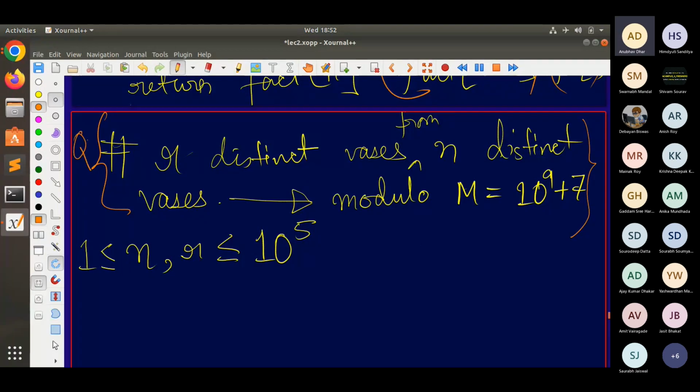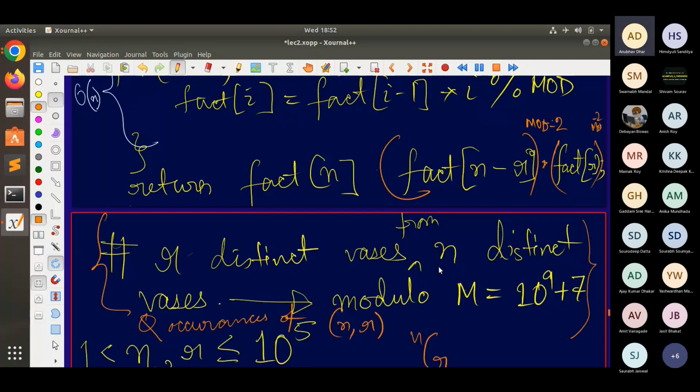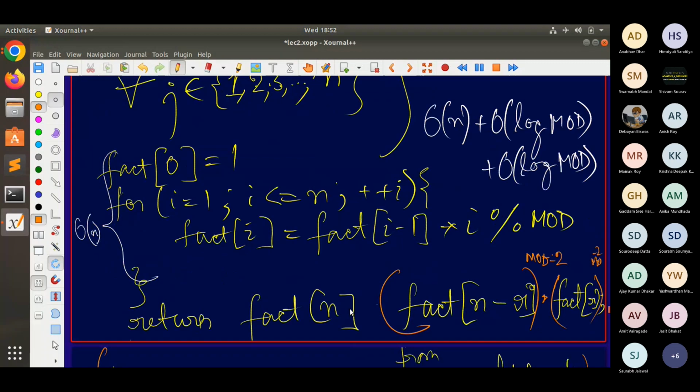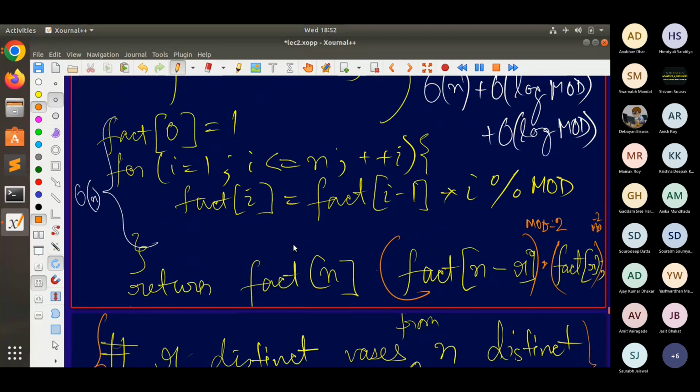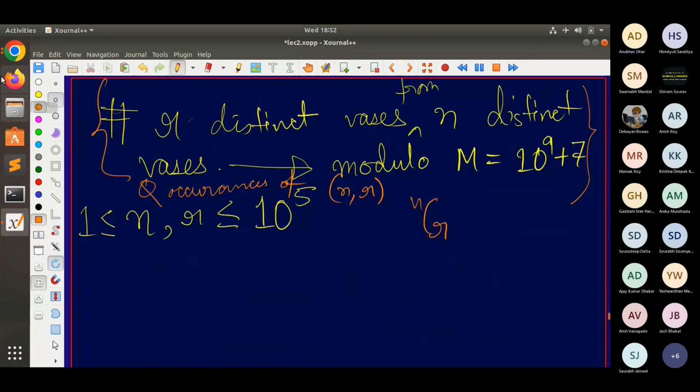You will be given q occurrences of n comma r, and for each occurrence, you need to find out nCr. So what if I blindly use this algorithm over and over again? What would be the time? Q times whatever n there was, right?